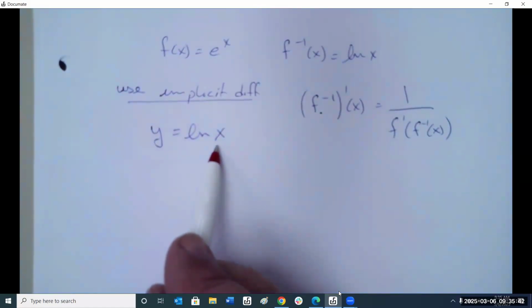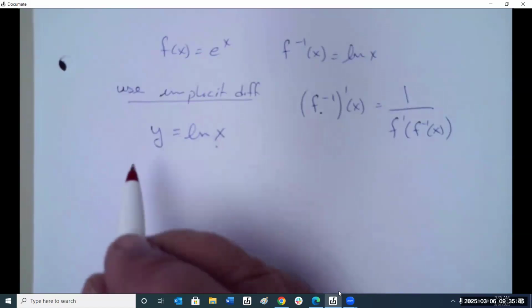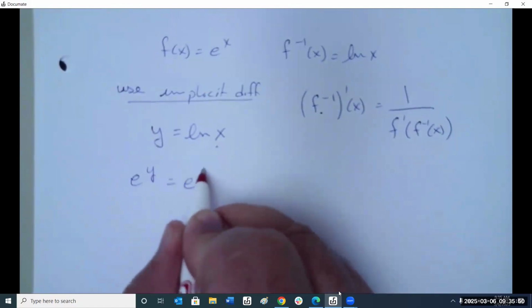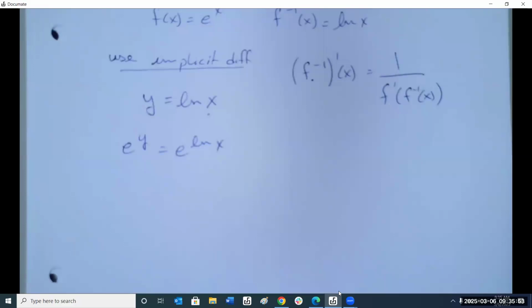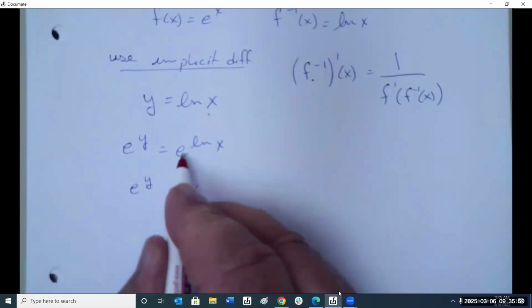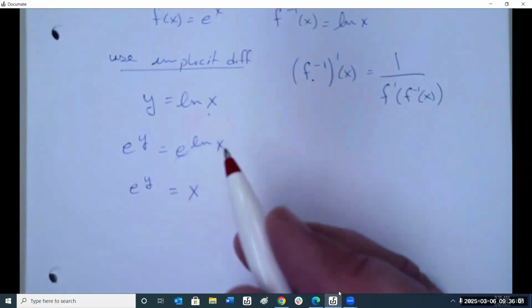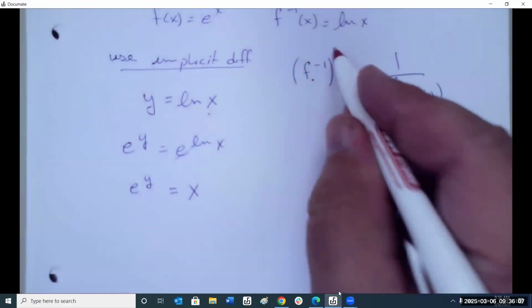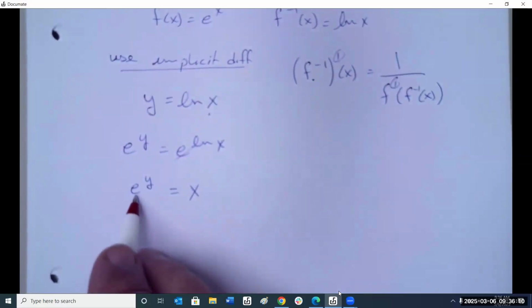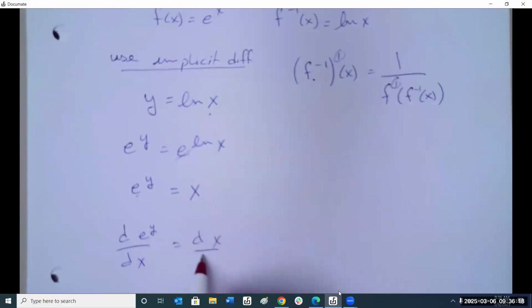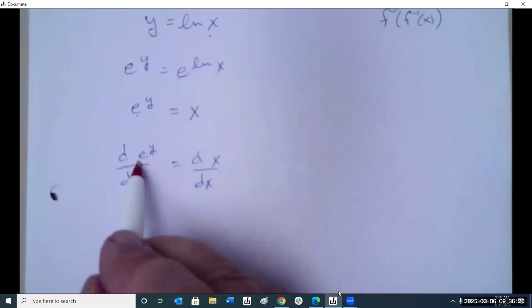How do we get x by itself? Take the e of everything, right? So we take the e. So we have e to the y is equal to x, because those cancel. Now take a derivative of it, because we're looking for the derivative. What's the derivative of e to the y?